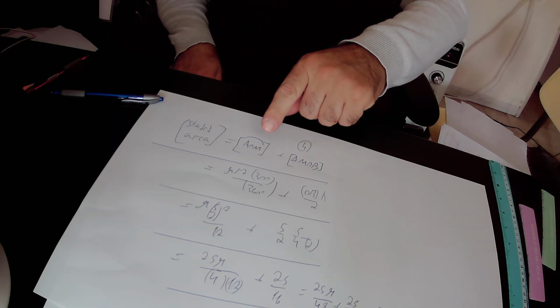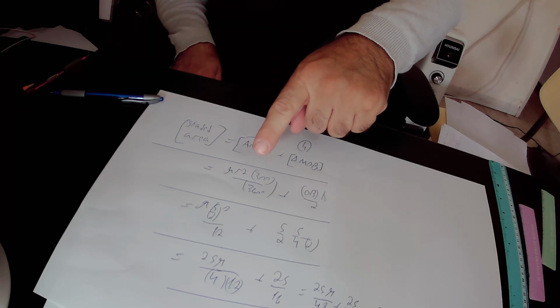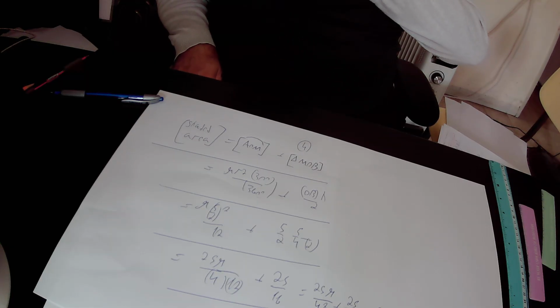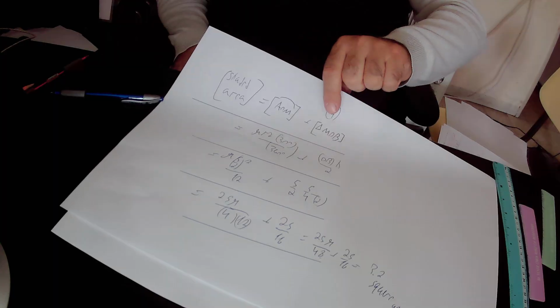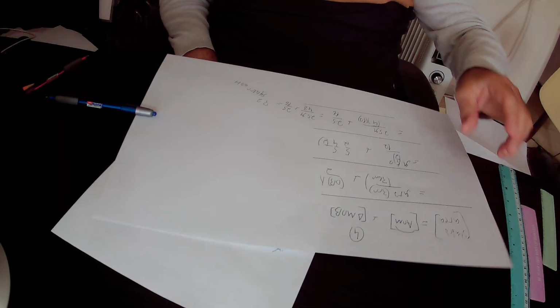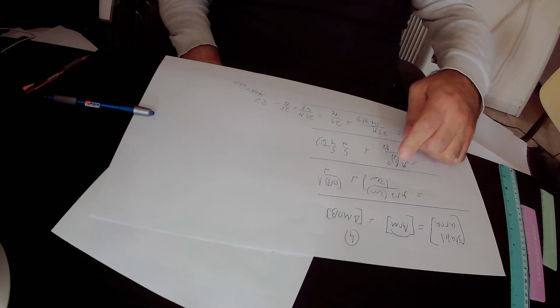Here r is 5 over 2, so r squared is 5 over 2 squared. So it is pi times 5 over 2 squared, and we have to divide it by 12 because 30 degrees over 360 degrees is 1 over 12.